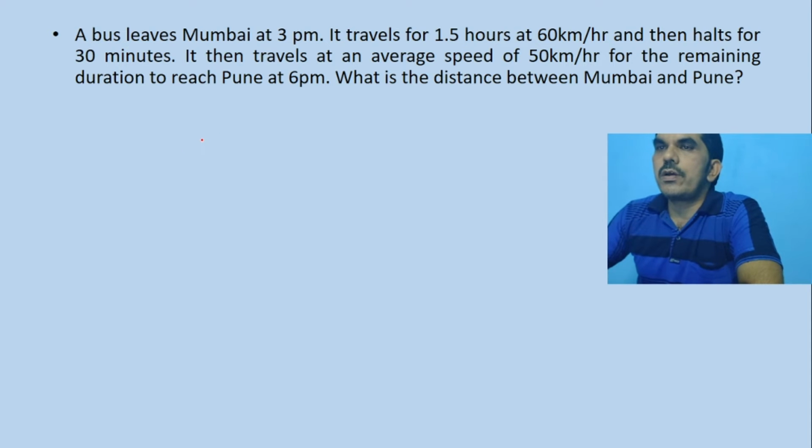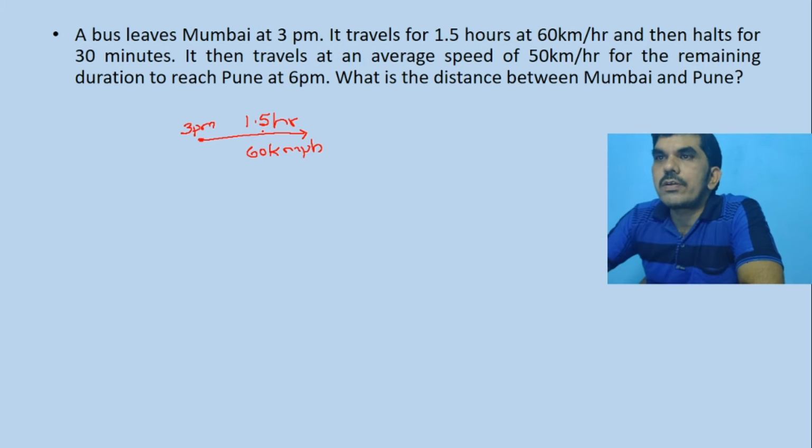So what is given? You have Mumbai 3 pm. So it travels towards Pune for 1.5 hours at a speed of 60 kmph. So what is the distance traveled during this 1.5 hours? It is 1.5 times the speed 60, that means 90 km.